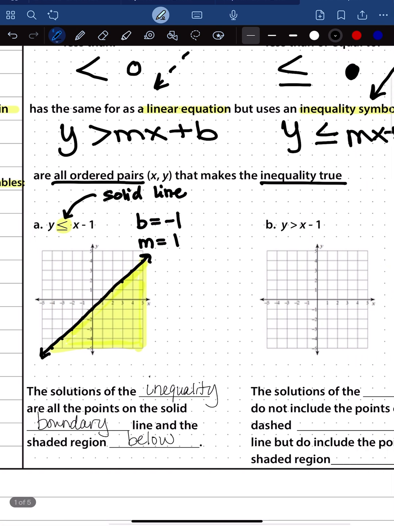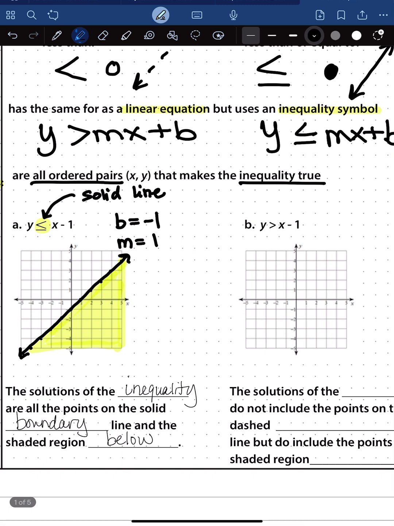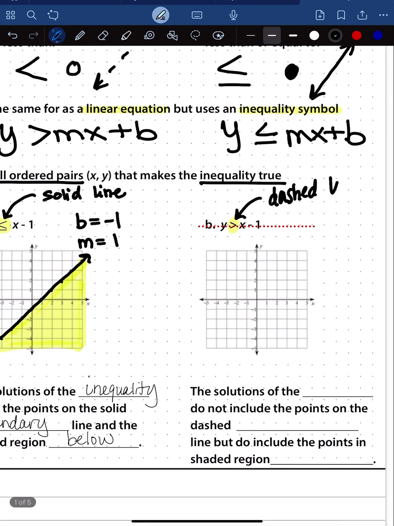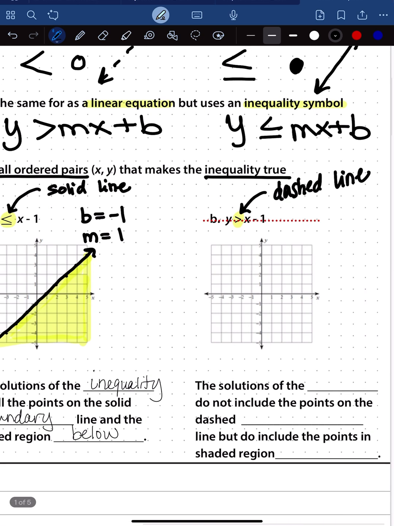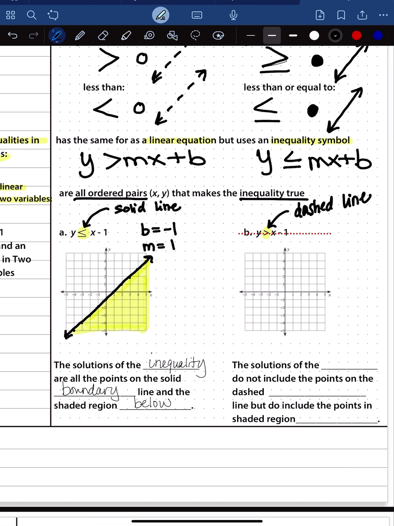Okay, now let's look at B. If we look at B, we notice that the only difference is the inequality symbol here. This greater than symbol is going to be a dashed line. We should notice that the y-intercept, or the b part, is equal to -1, and the slope is the same at 1.